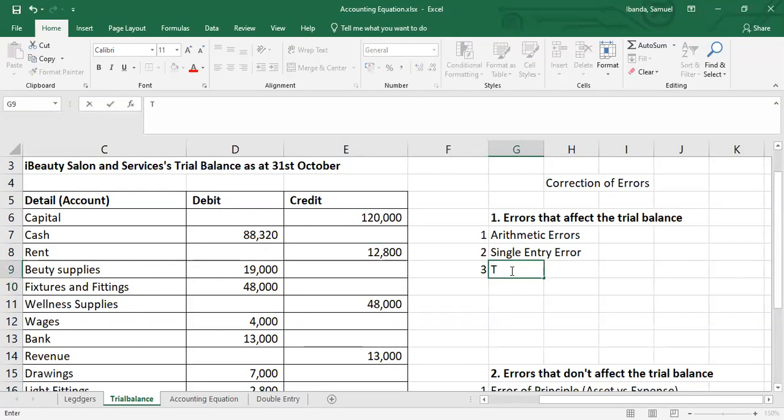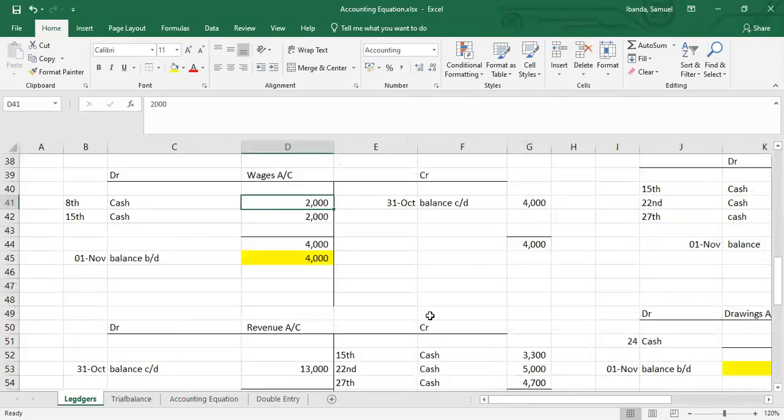And then you can also have what we call a transposition error, or error of transposition. Now, what happens with the error of transposition?